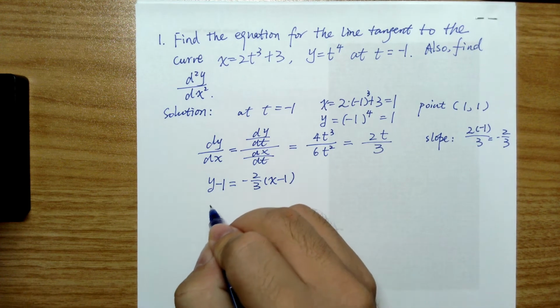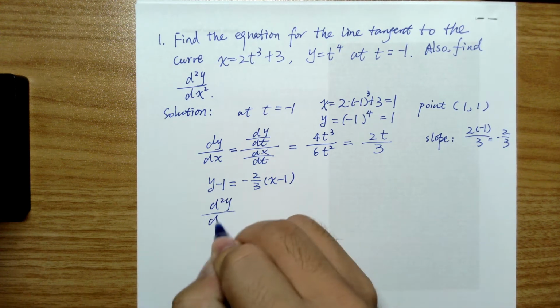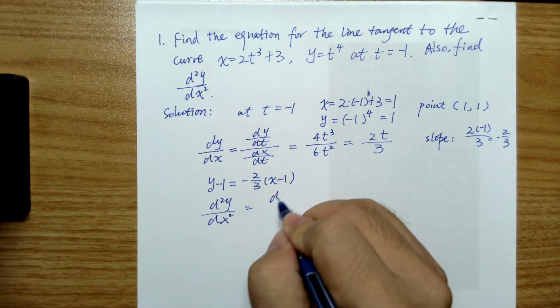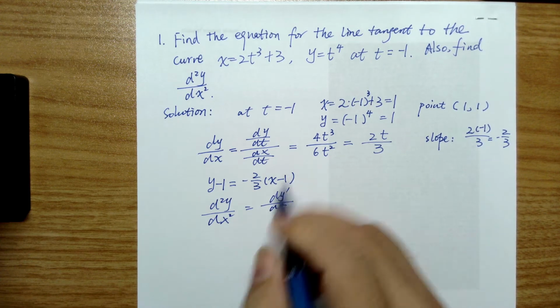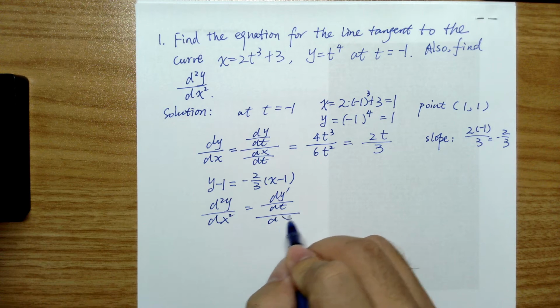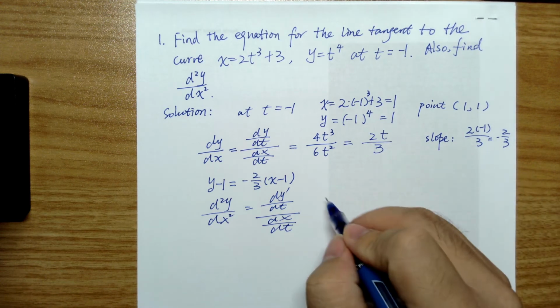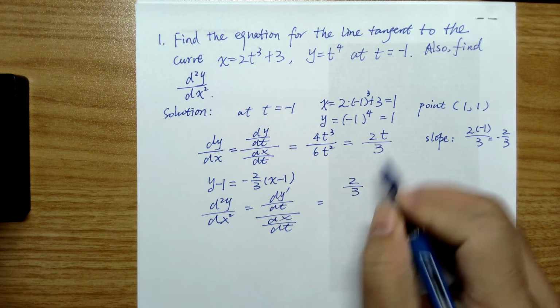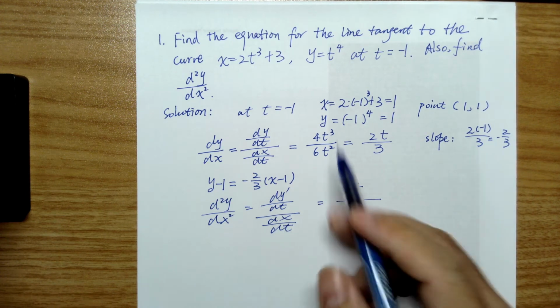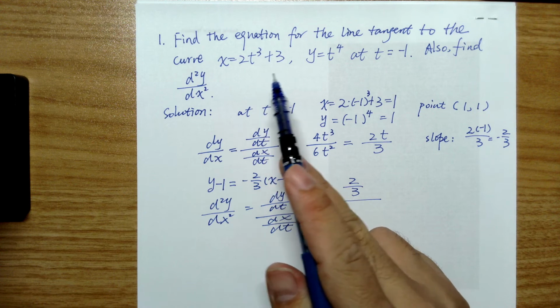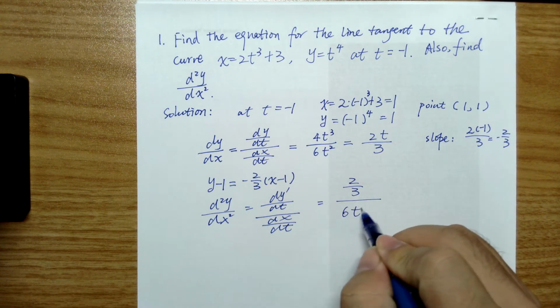So for the second derivative, it's d(y prime)/dt over dx/dt, right? So basically, you take the derivative of this part, which gives 2/3, and then over dx/dt, which is 6t squared.